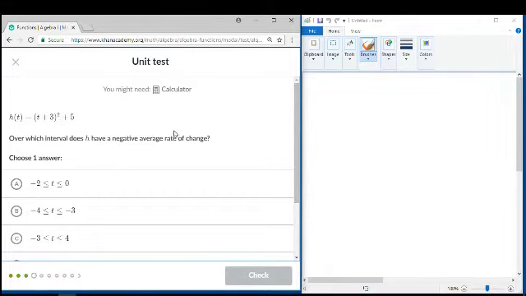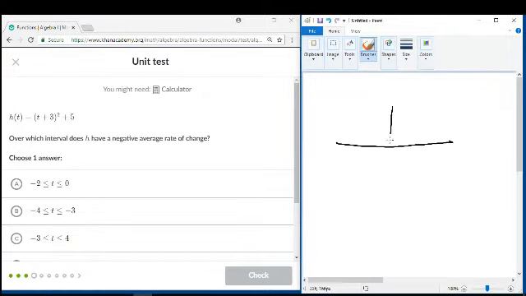So if you think about it, this is a parabola that's going to be shifted left 3 and up 5. And that's at the point -3. So we have a negative rate of change at any point to the left of -3.